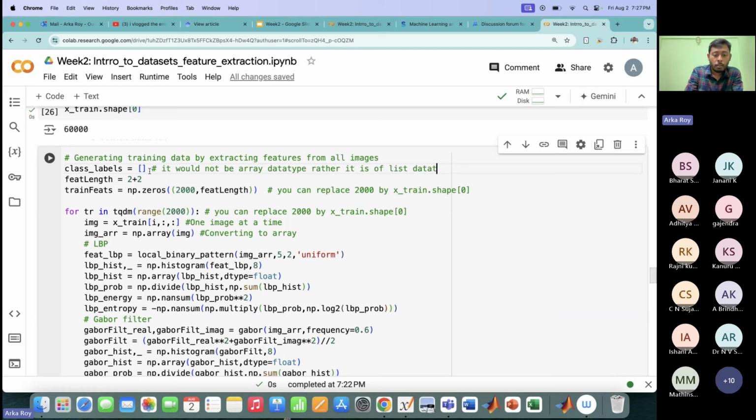So when you are working with Python and machine learning, you have to be aware of arrays, lists, pandas data frames, and tuples. I think these 4-5 data types would be fine. That is why in the initial part I was asking whether you know Python or not.